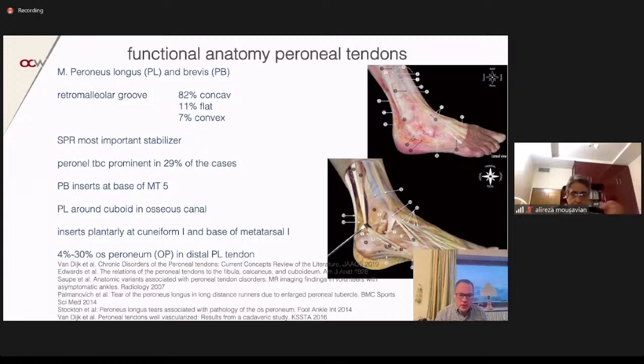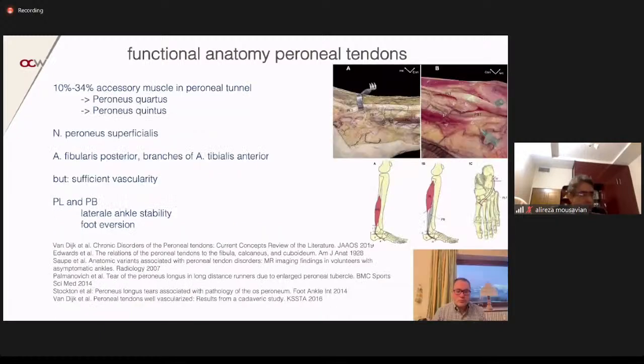Up to 30% of the cases have an os peroneum in the peroneus longus. The vascularity for the peroneal tendons is differing to what has been reported previously, sufficient to allow for proper healing. The clinical function of the peroneus longus, like the peroneus brevis, is active lateral ankle stability and foot eversion.